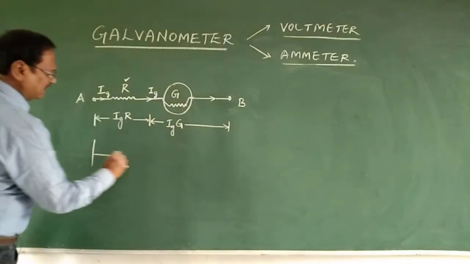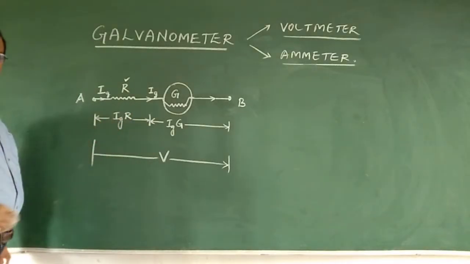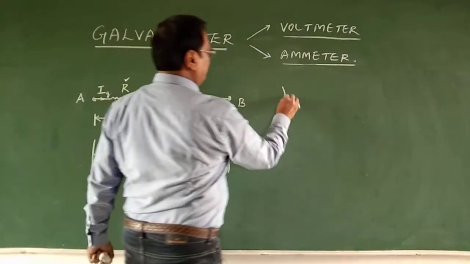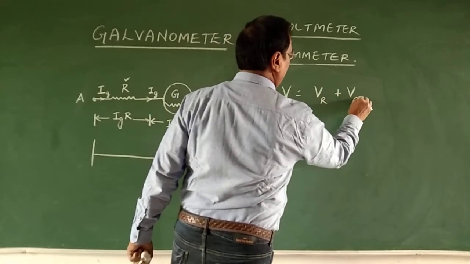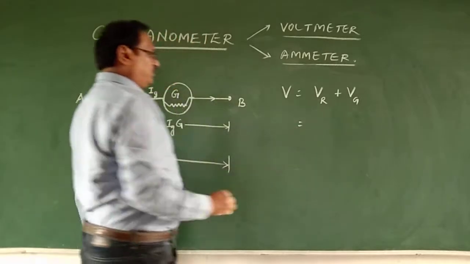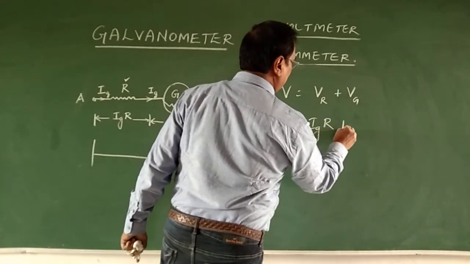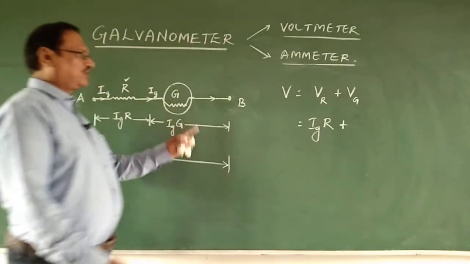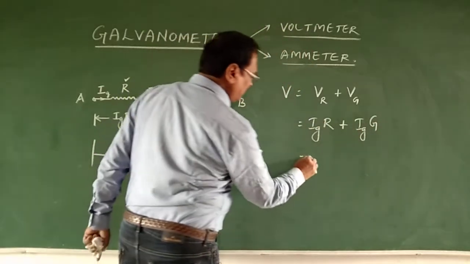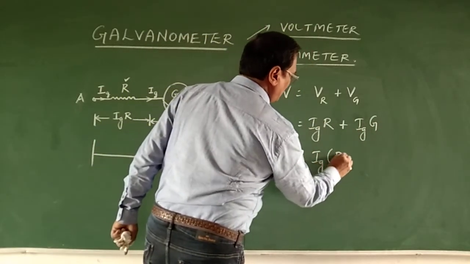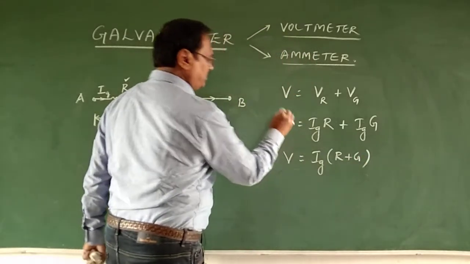This is the total potential, so V equals the V across the resistor plus the V across the galvanometer. That is, V is Ig into R plus Ig into G. Ig is common, so V equals Ig times (R plus G).